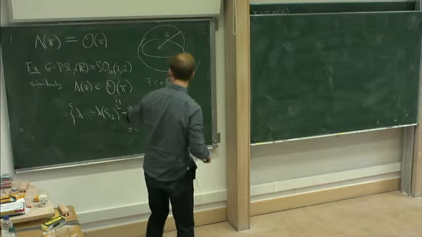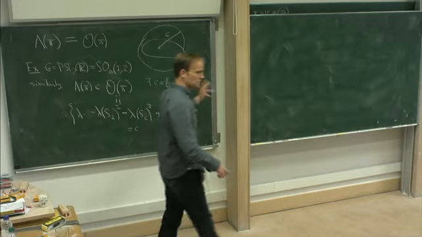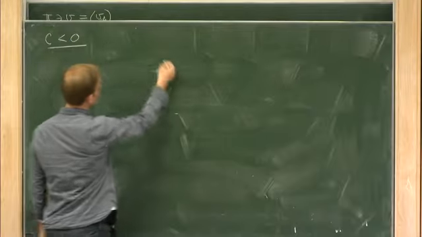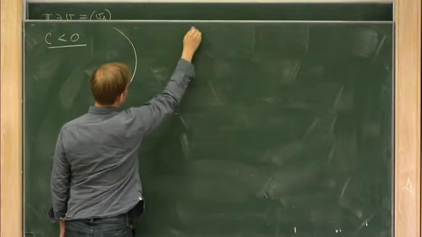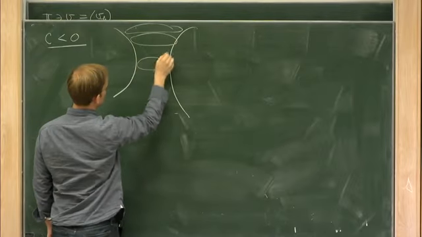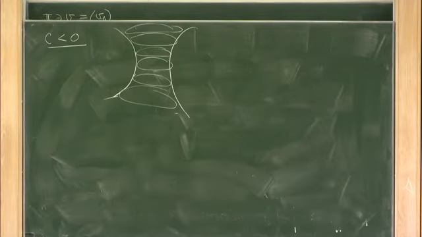So we can again draw a picture of the set of lambda that satisfy this equation. Depending upon the sign of C, we'll get some different results. If C is less than 0, we'll get a one-sheeted hyperboloid, some surface of revolution like that.